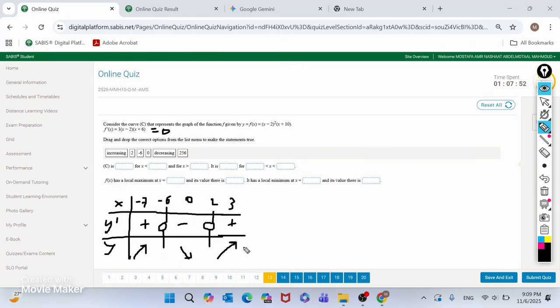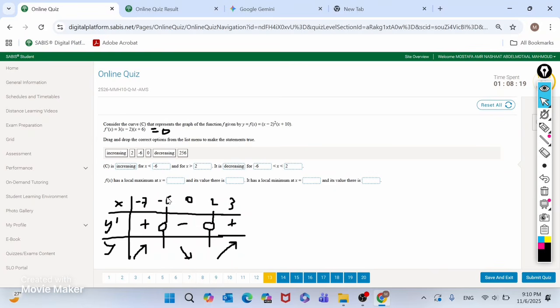Okay, so the function is increasing if x is less than negative 6. Negative 7 is less than negative 6 and it's increasing. It's also increasing for x greater than 2, and decreasing for x greater than negative 6 and less than 2.